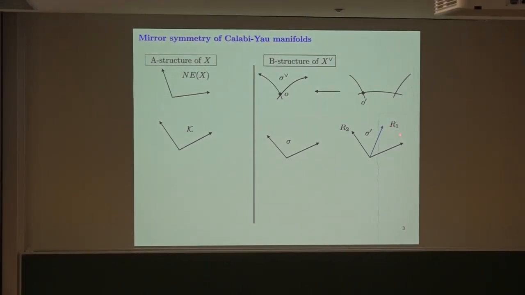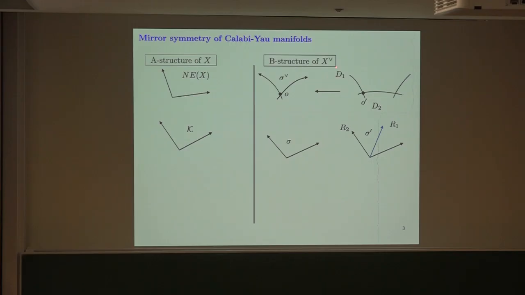Here R1 and R2 are the ray generators of this dual cone, and these rays correspond to divisors. I made this picture with the rays of the cone, R1 and R2, each corresponding to a boundary divisor, though this picture is not so strict.